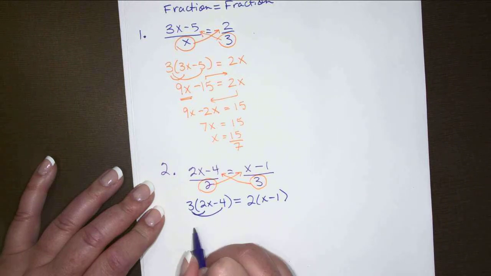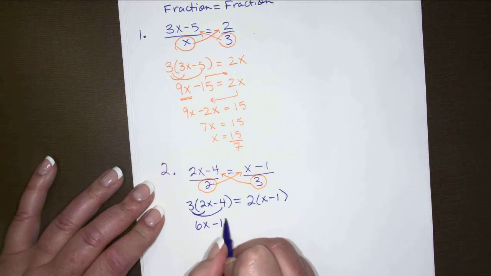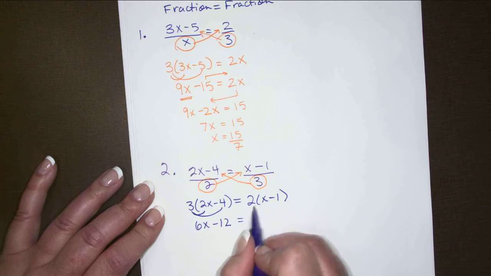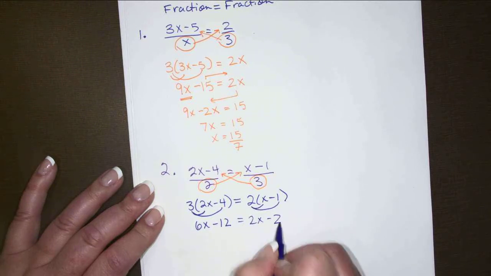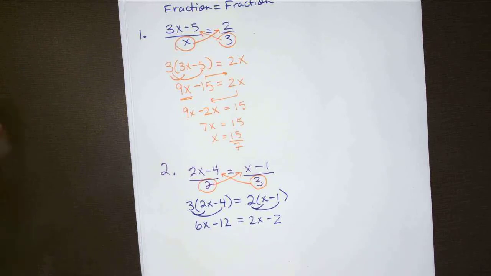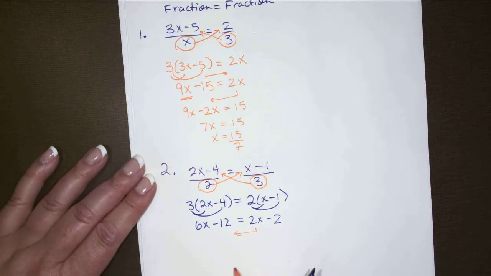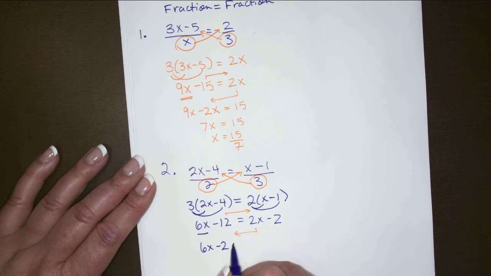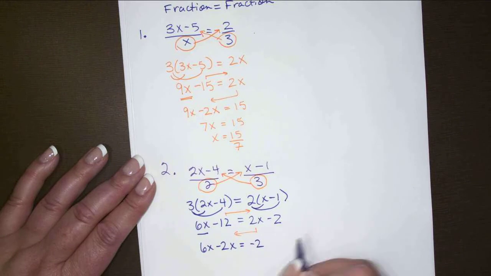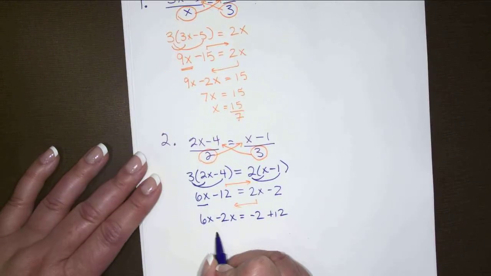Expand both of these, so 6x minus 12, and then 2x minus 2. Bring the 2 over and the 12 that way. So the 6 is staying, minus 2x, the minus 2 is staying, and move the minus 12 becomes a plus 12.